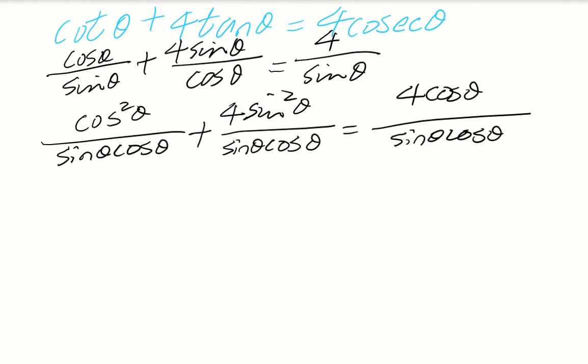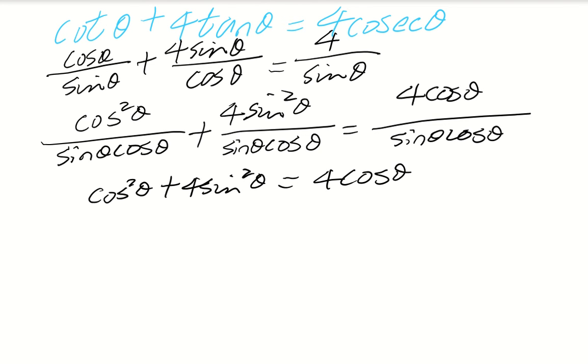Then you can see that the denominator is the same now. Therefore, I'm just going to add the numerators and equate both sides. Therefore, I will have cos square theta plus 4 sine square theta equals 4 cos theta. Now, this looks a little bit like the previous question.